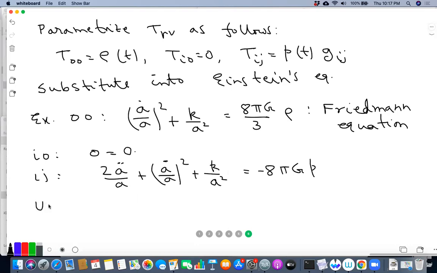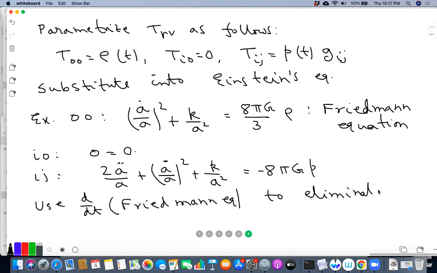So use d/dt of the Friedmann equation to eliminate ä from the second equation.